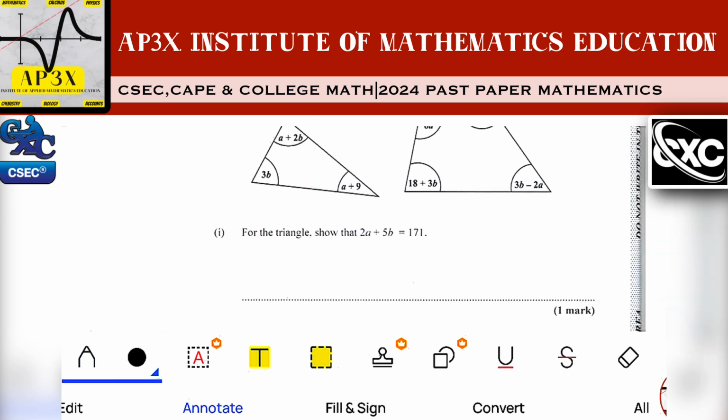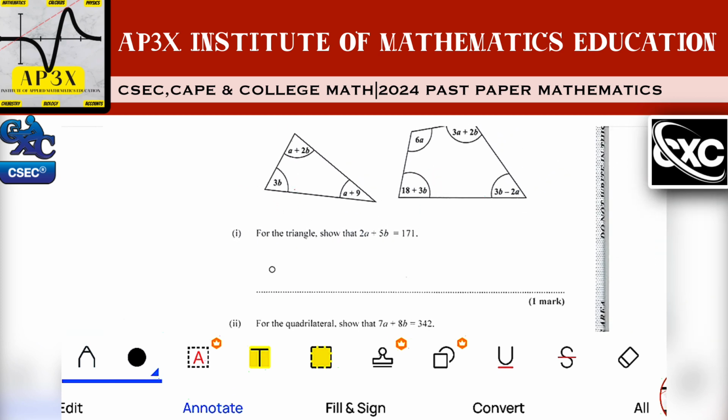So what we're sure about here is that if I take a plus 2b, and add it to 3b degrees, and then add that to a plus 9 degrees, the sum should equate to 180 degrees, and that is the internal angle theorem for a triangle in geometry.